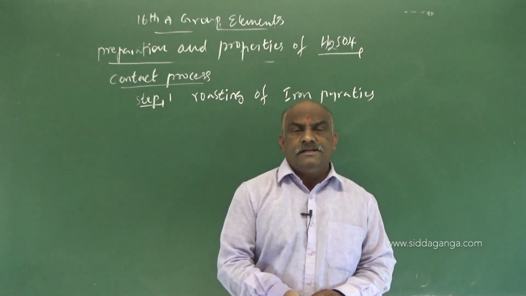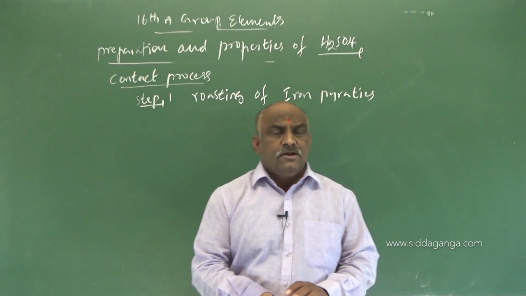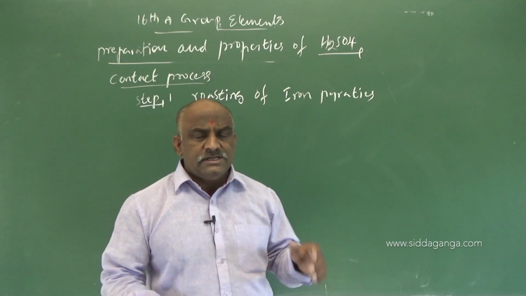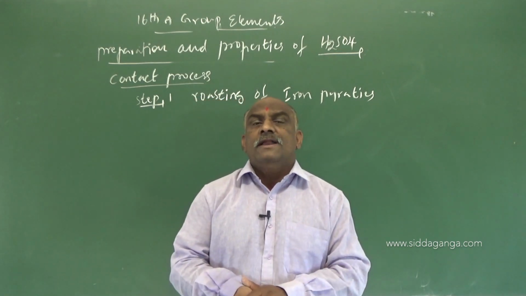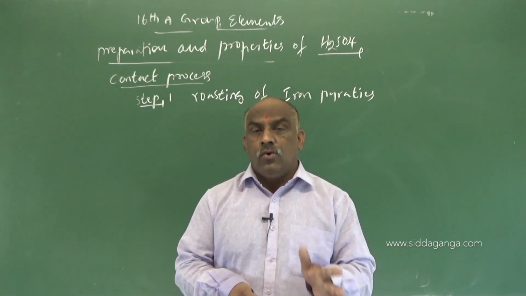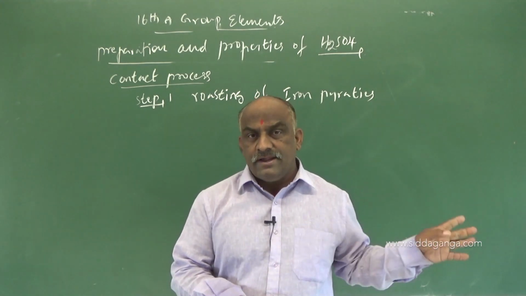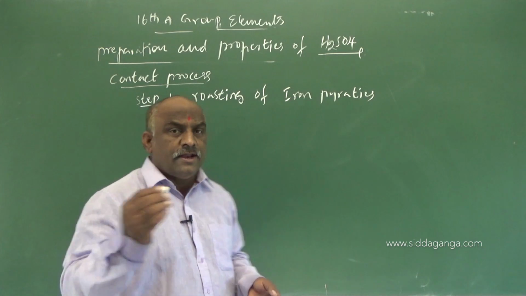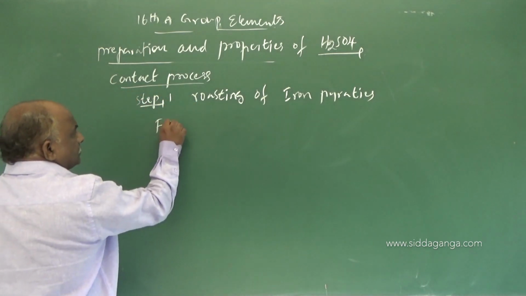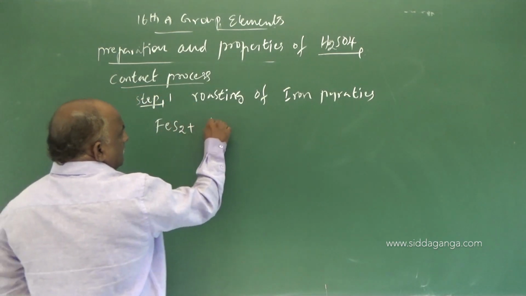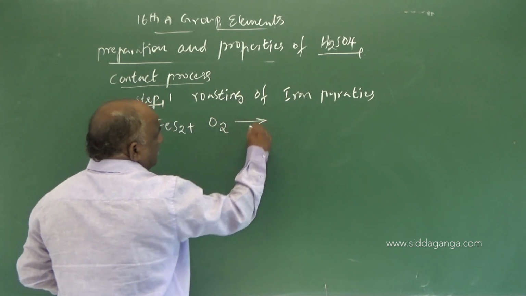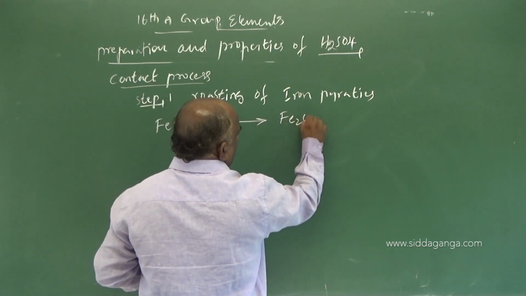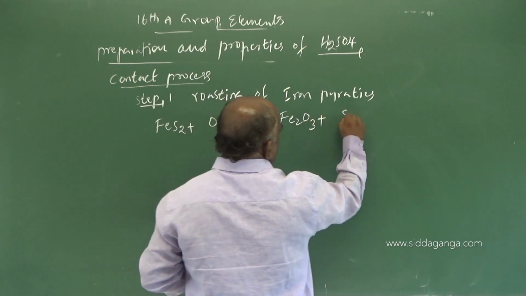What is meant by iron pyrites? Iron pyrites is an example of a sulfide ore of iron. What is its molecular formula? FeS2. FeS2 plus O2 gives Fe2O3 plus SO2.